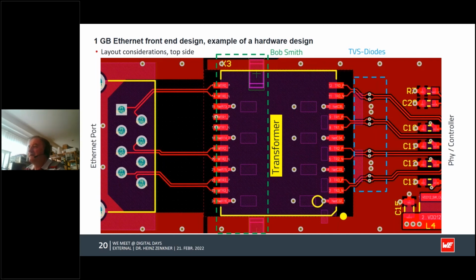The Bob Smith termination is underneath, so we have a double-side assembled PCB here. On one side the transformer, on the other side the termination components, and also the TVS diodes. If you want to assemble everything on one side, you need long traces.